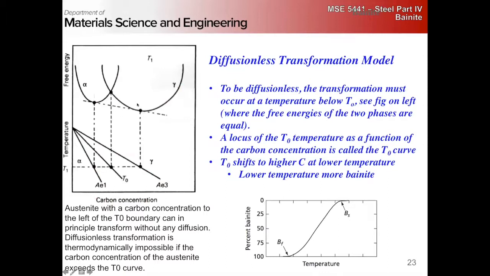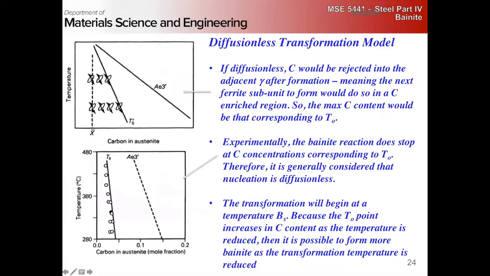That third curve would be a little bit lower. So that means essentially all of my bainite nucleation has to happen between this Ae1 curve and this T0 curve. Right? Again, the T0 is where the intersection between the austenite and ferrite free energy curves. Right? And this is essentially exactly what is observed experimentally.